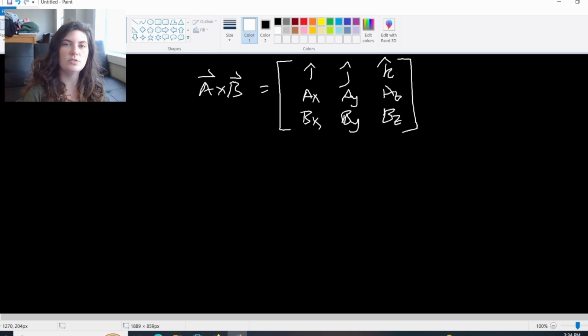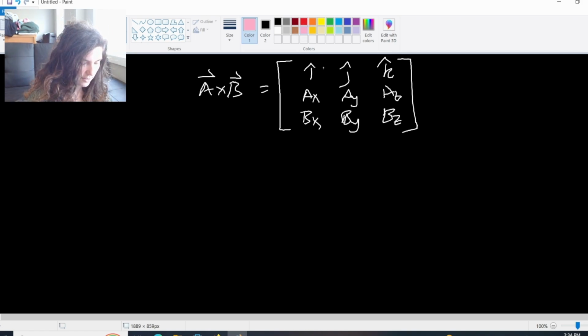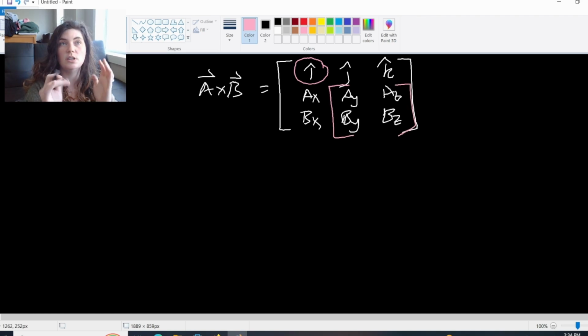And the way we go about solving this 3x3 matrix is basically by breaking it down into 3 smaller matrices. What we'll do is we take the I hat and then we create a smaller 2x2 matrix that we can solve with the rows that are not under I hat. We're going to do that for each one.